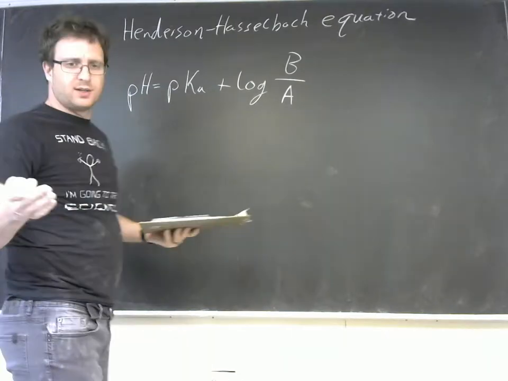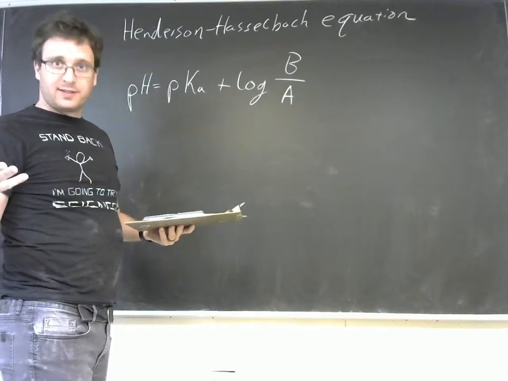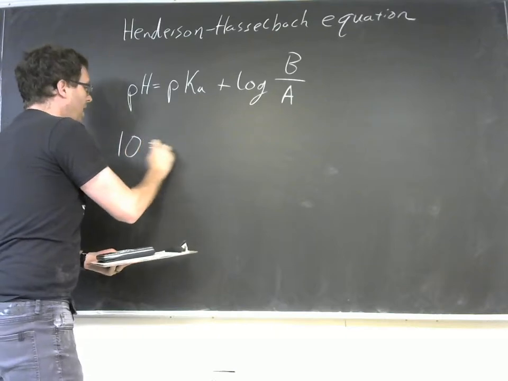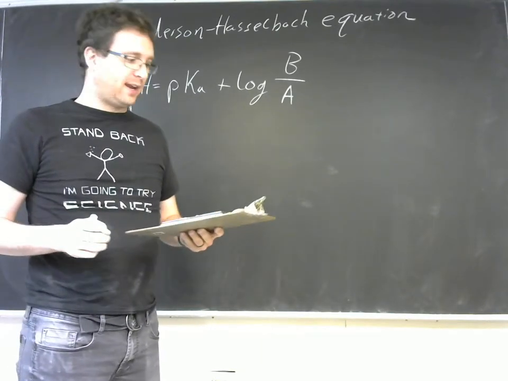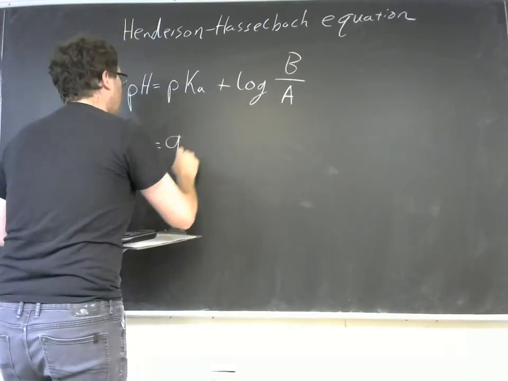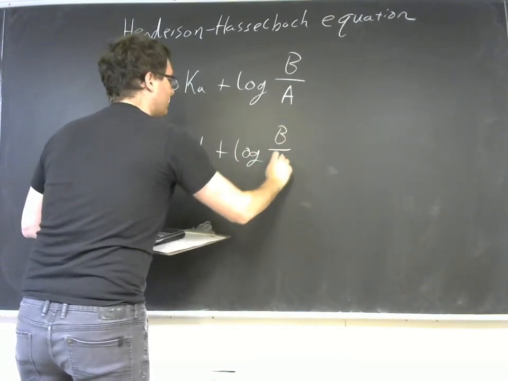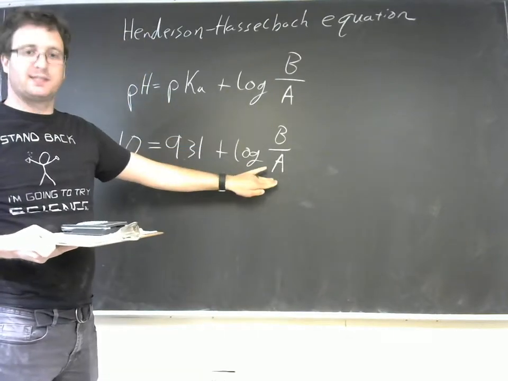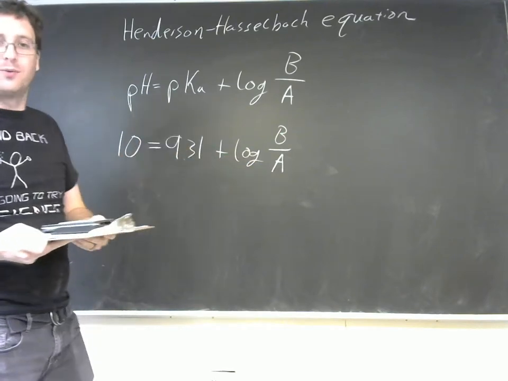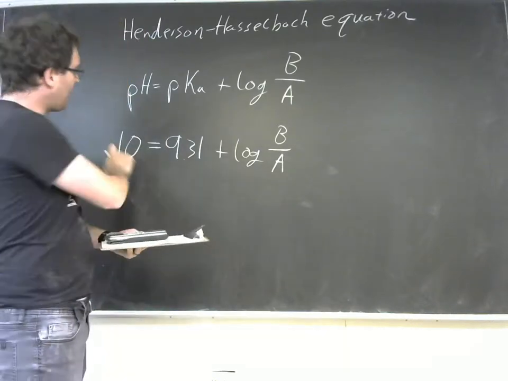And so let's take our other example, our example from before. If I wanted to get a solution and I wanted to buffer it at a pH of 10, then I would put 10 here for the pH. And if I'm using the hydrocyanic acid, then it's going to have a pKa of 9.31 plus a log of base over acid. Now if I add equal amounts of base and acid, then this will be the log of 1, which is 0, and the pH will equal that 9.31. But I can fine-tune my buffer so that it has a pH that's actually equal to 10.